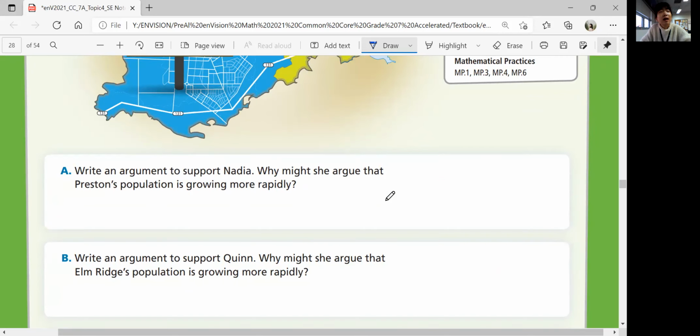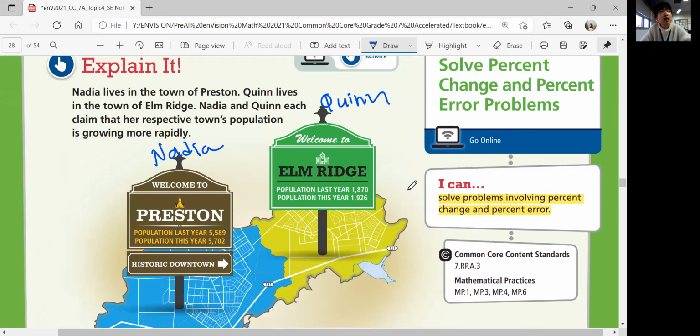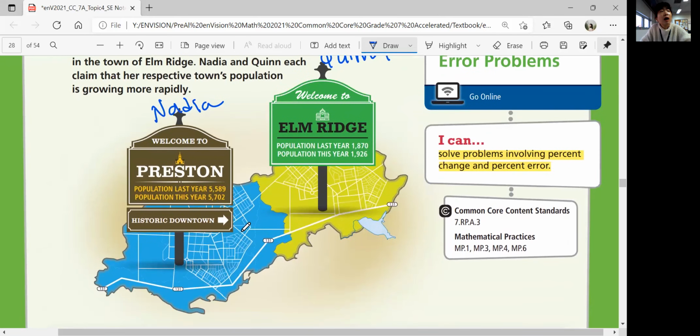Let's suppose that Nadia is correct. How can Preston increase more?